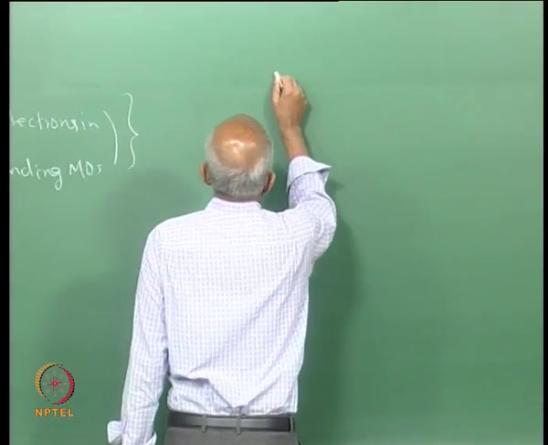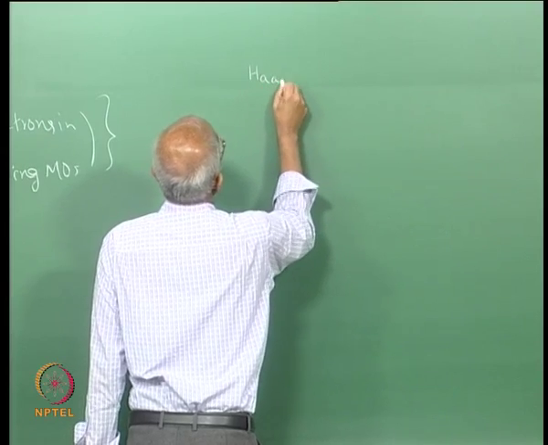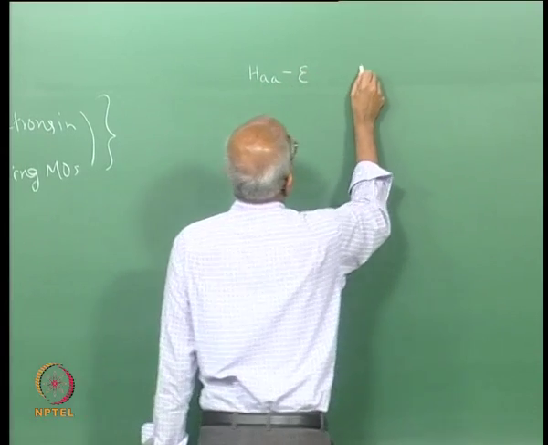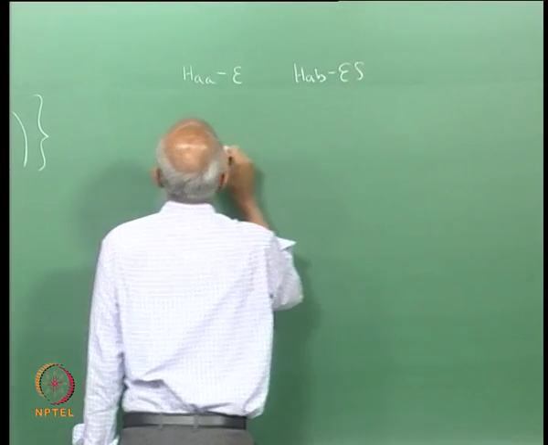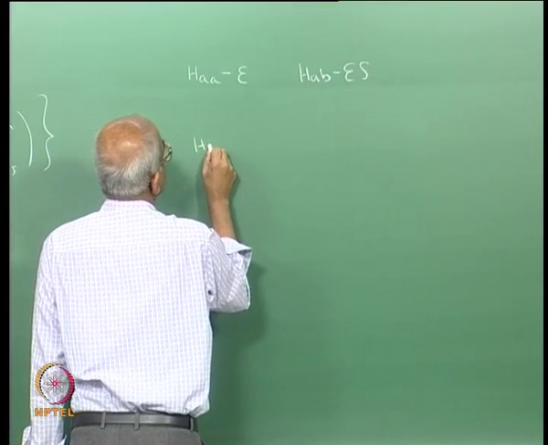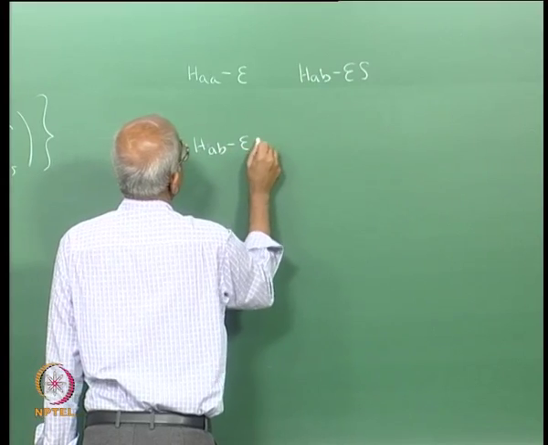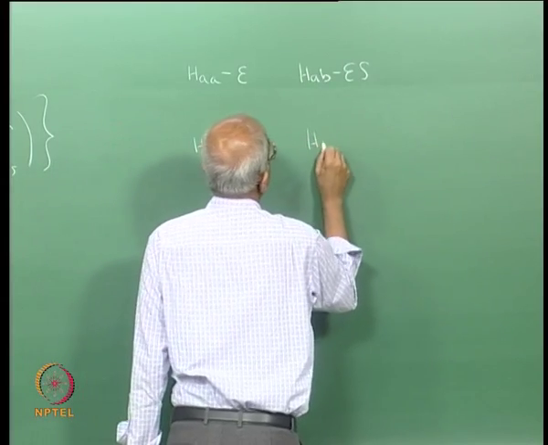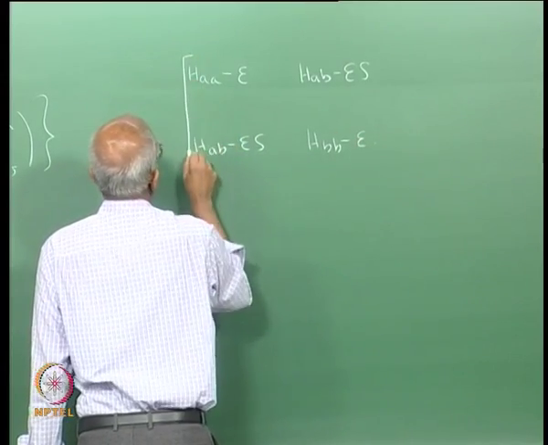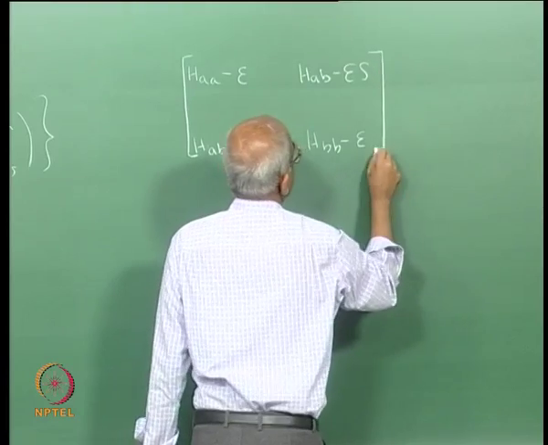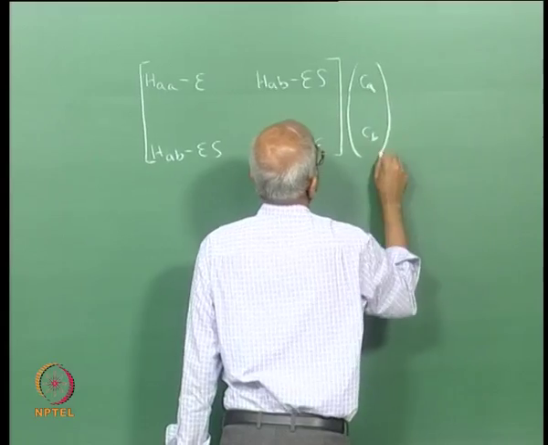Remember, our expression according to molecular orbital theory was HAA minus E, HAB minus ES, HAB minus ES, HBB minus E. You had a square matrix multiplying CA, CB, and you said that this has to be equal to 0.